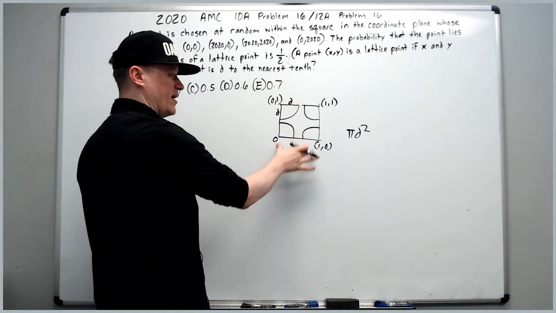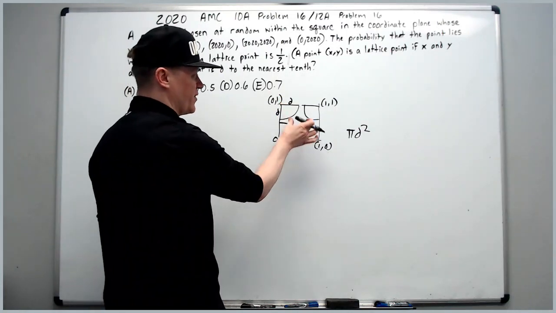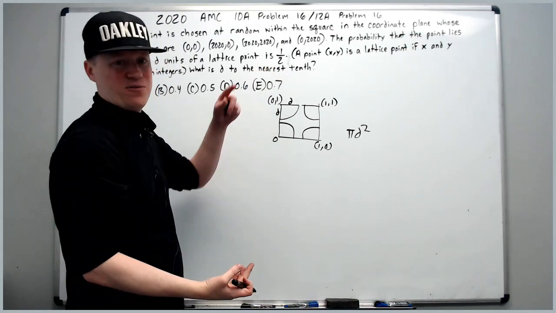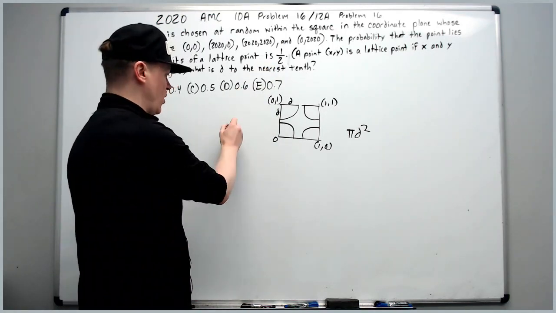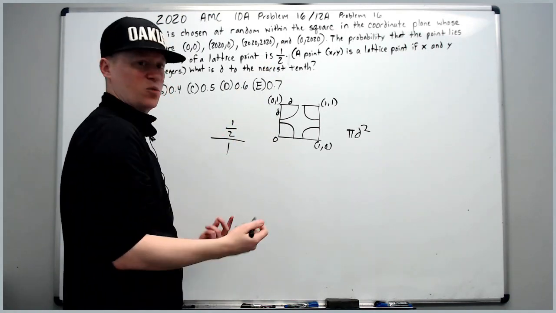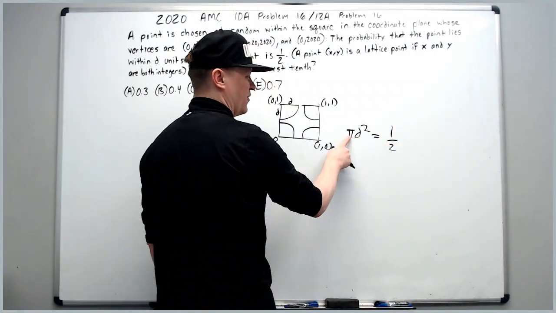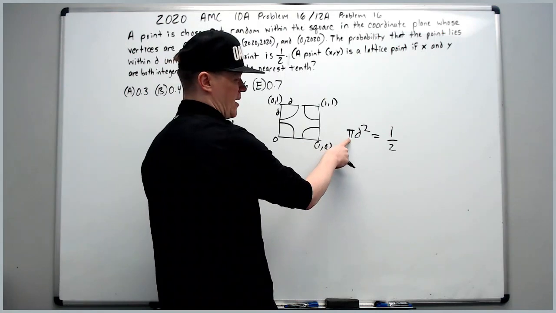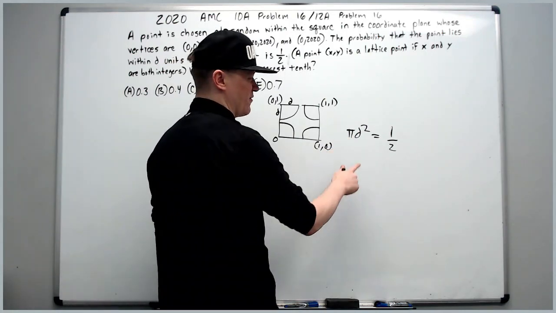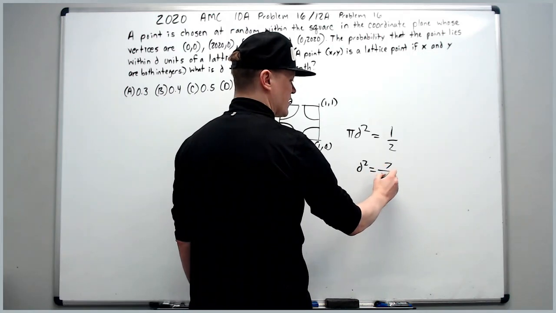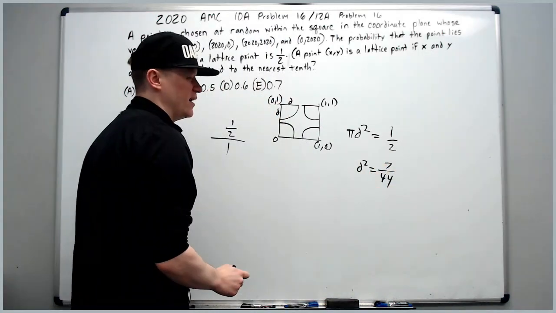And since the area of the square is 1, we want the area of the 4 quarter circles to be 1/2, because that's the probability. 1/2 out of 1 is 1/2. So we can just set this equal to 1/2. Let's do a substitution. I'm going to use 22 over 7 for pi and multiply by the reciprocal. D squared equals 7 over 44.